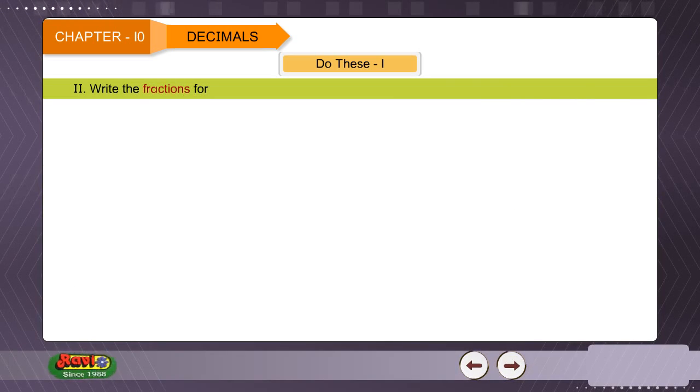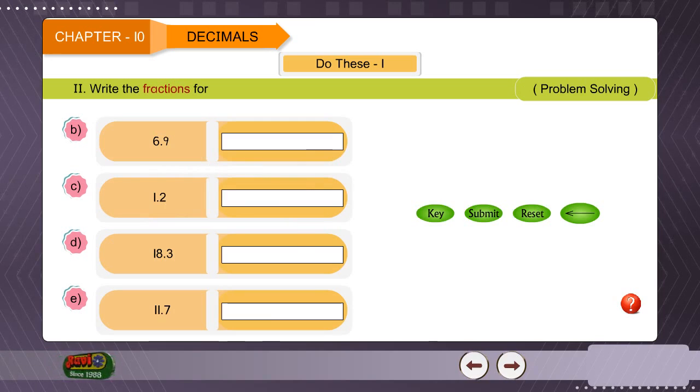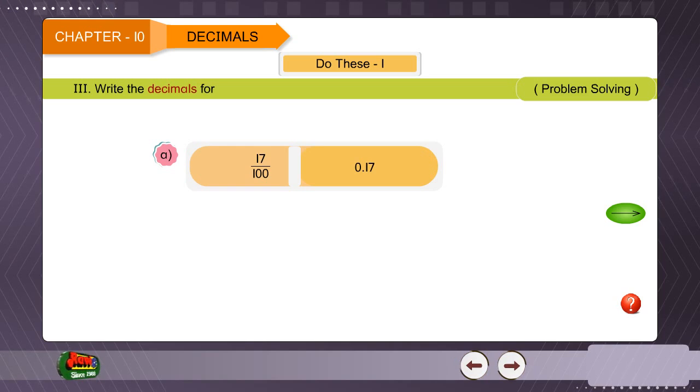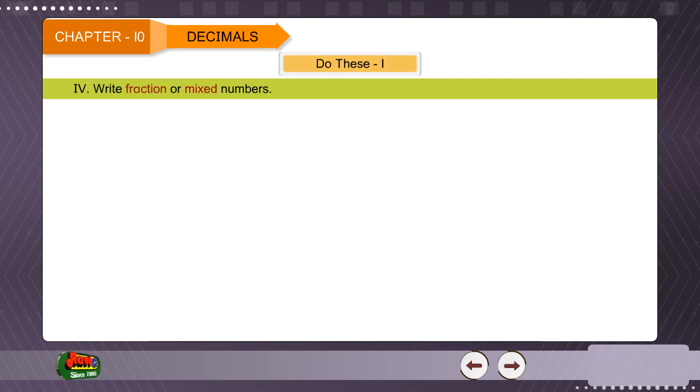Write the fractions for problem solving. 3. Write the decimals for problem solving. 4.